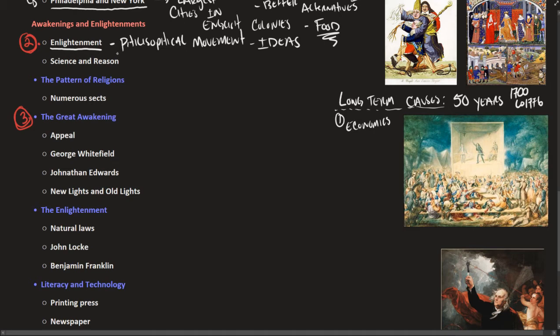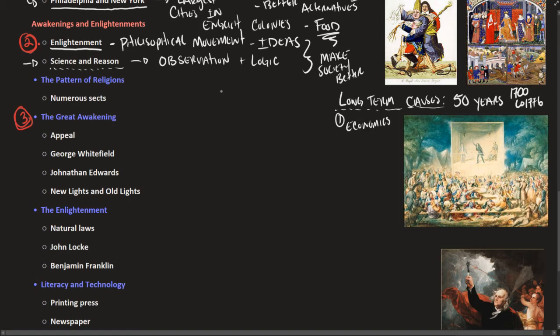It's a movement which puts science and reason as primary above everything else. We might also add observation and logic. So in other words, Enlightenment thinkers want to, on the whole, make society better.